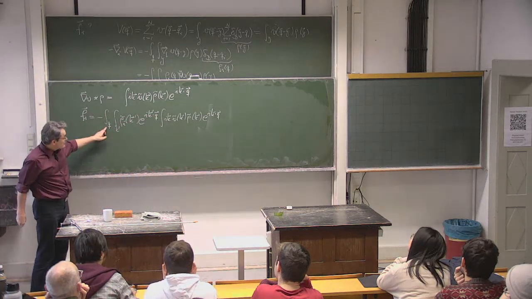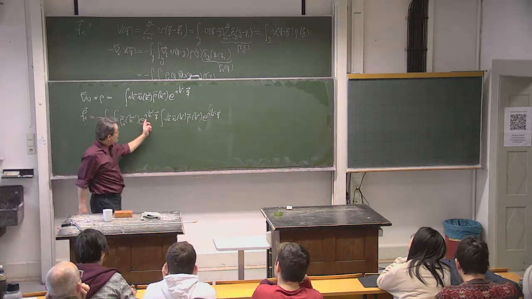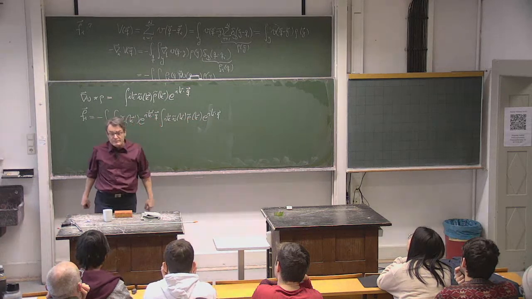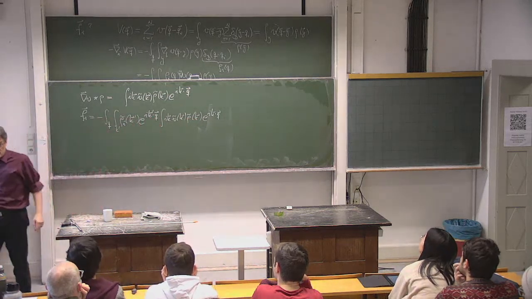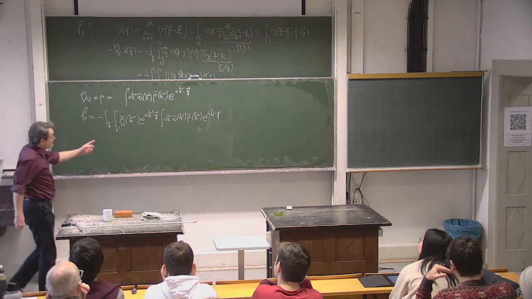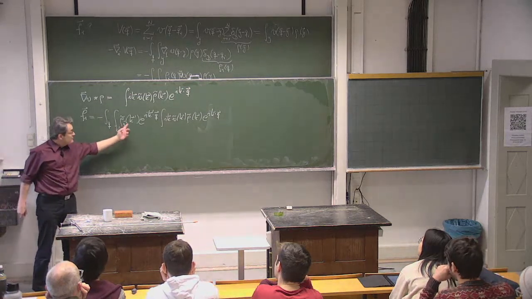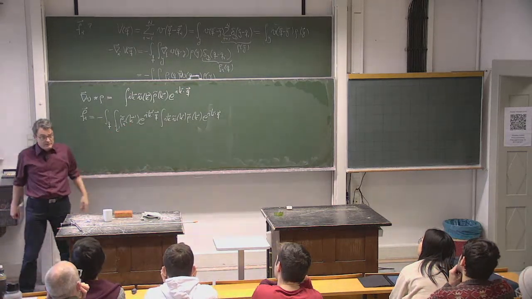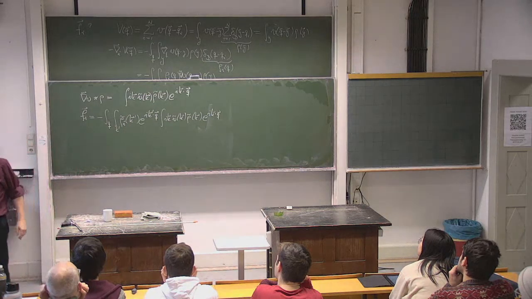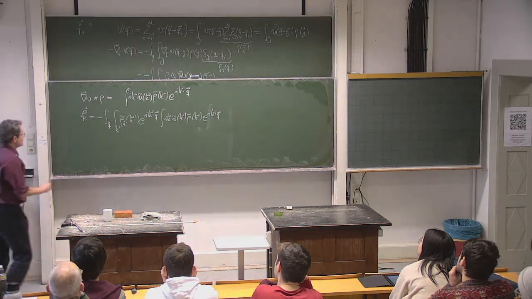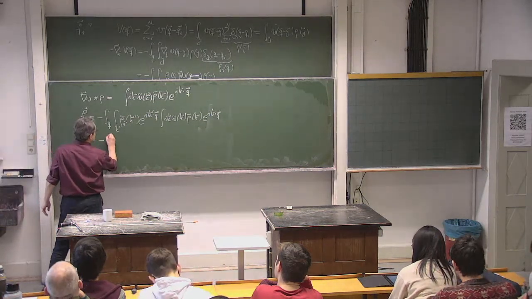So the result of integrating over q is going to be a delta distribution in k plus k prime. Then we can carry out the k prime integral, and this will replace this k prime just by minus k.